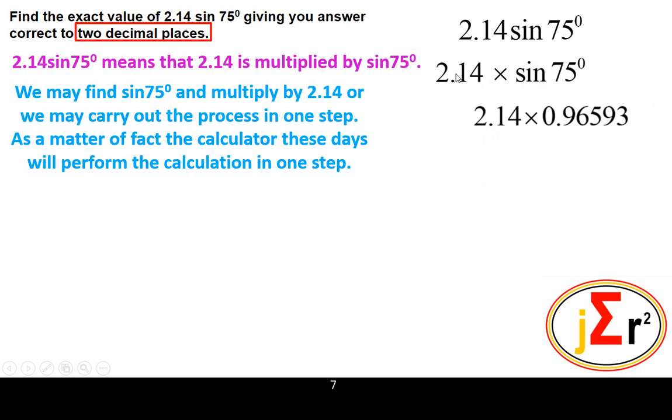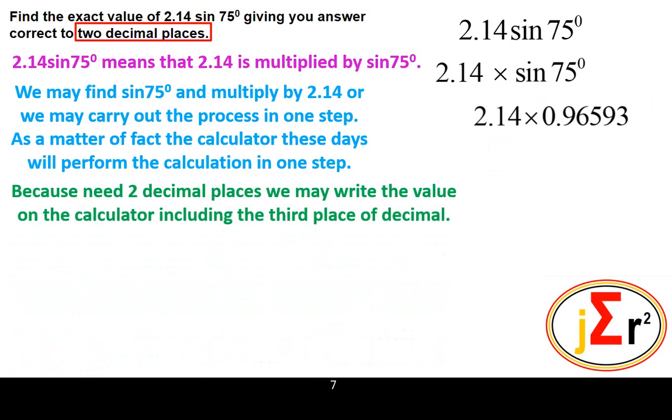Because we need 2 decimal places, we may write the value on the calculator including the 3rd place of decimal. Because we need 2 decimal places, we need to write that correct to 2 decimal places. We may go straight ahead and take the numbers that we have there, multiply them together.